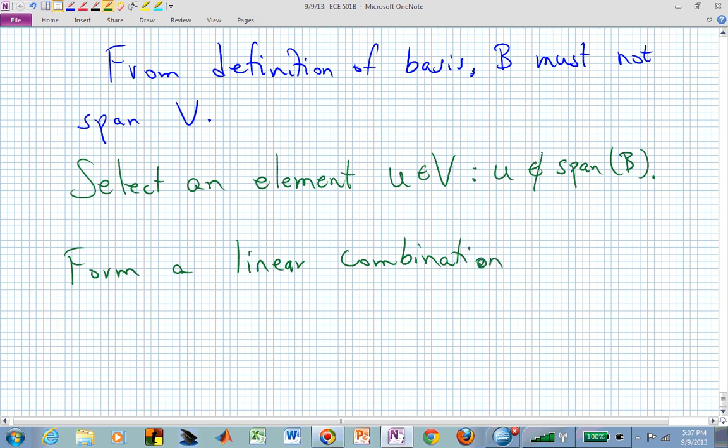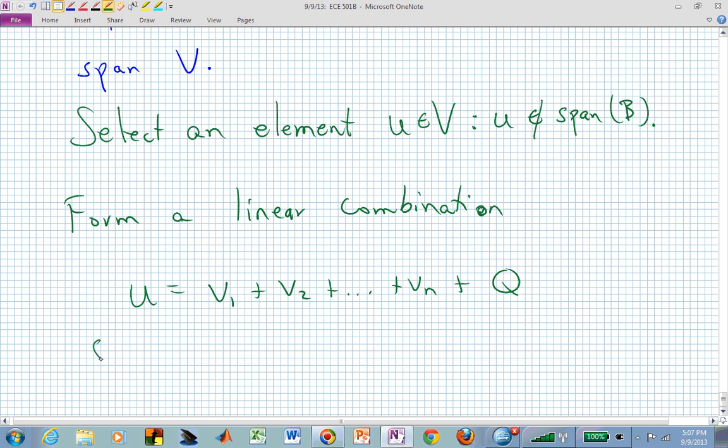So if we form a linear combination, u, that's v1 plus v2 plus vn plus something we don't yet know. Let's say it's q. Well, that's like an algebra problem, except now it's maybe a vector, but we can solve for that unknown q, can't we?